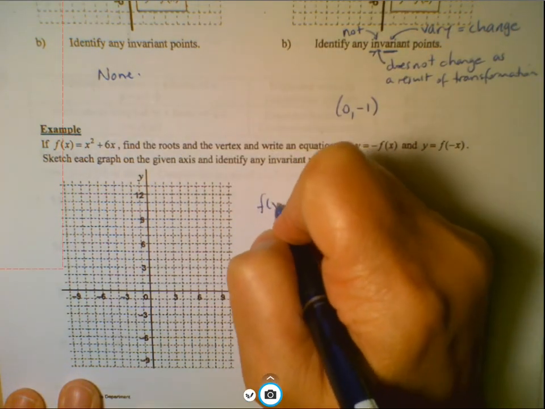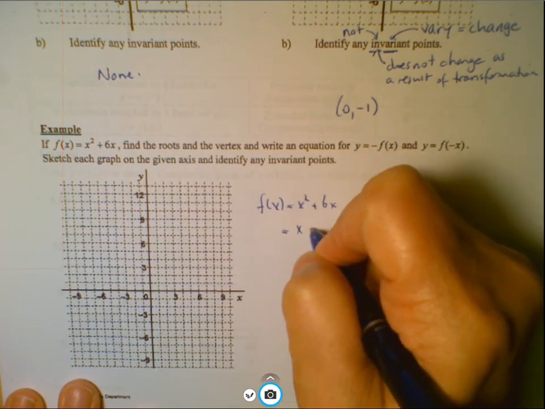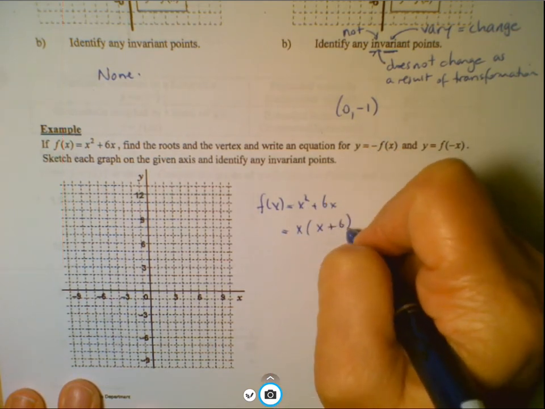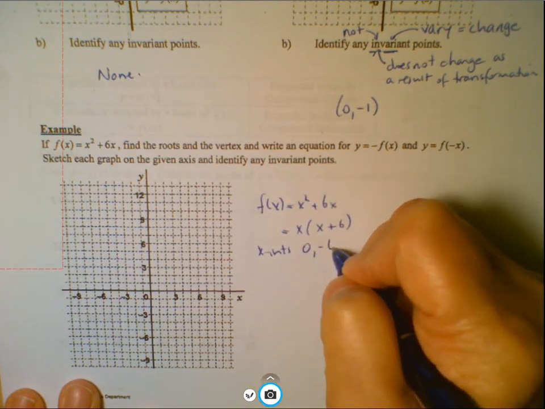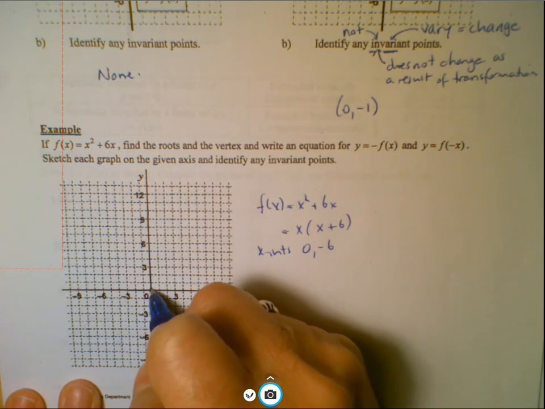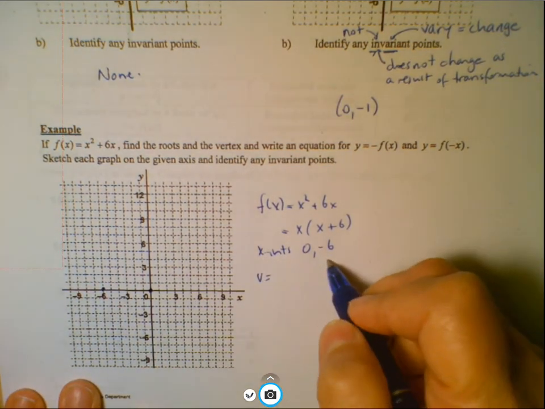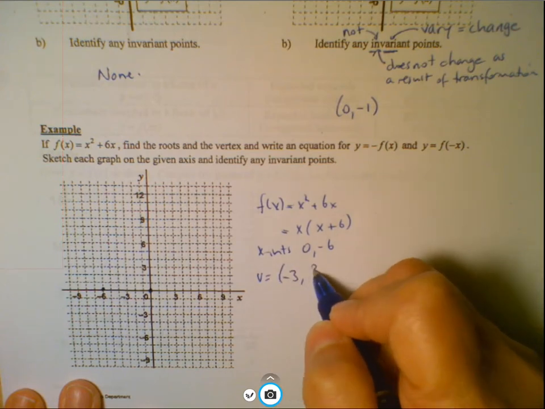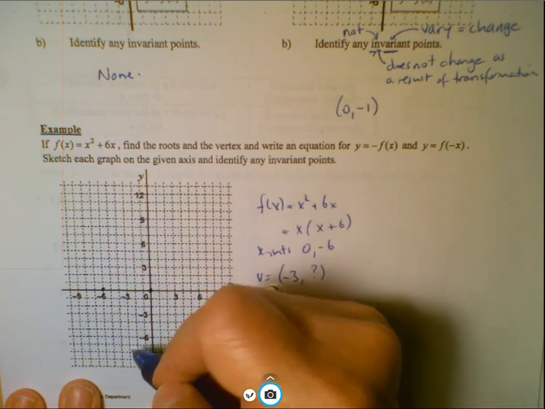So hopefully you know f(x) = x² + 6x can be factored into x(x + 6). So now we have our x-intercepts are 0 and -6. One here, one here. The vertex is halfway in between 0 and -6, so it's -3 something. So I know it's on this -3 somewhere there.